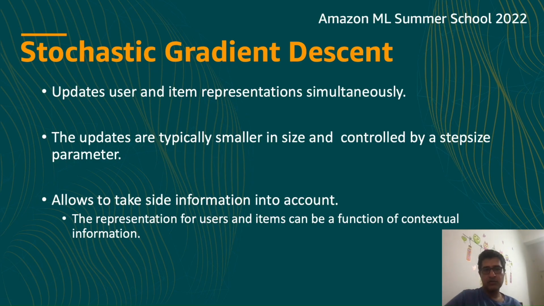For example, let's say the number of movies a user has watched is a predictive feature for the user giving a particular rating to a particular movie, or the number of products a user has bought is somehow predictive of the rating that the user can give a particular product that he or she purchases next, then that can be used as side information in the model as such.